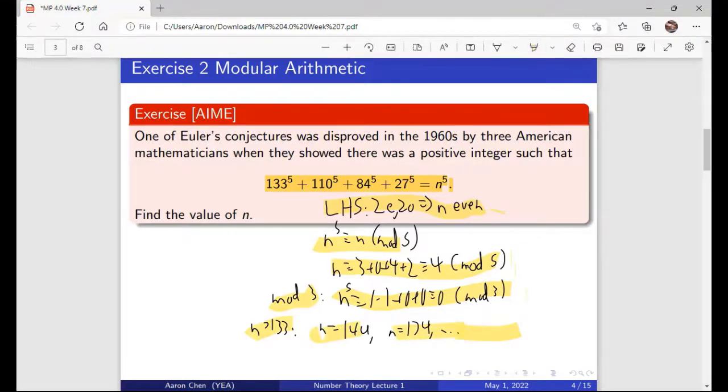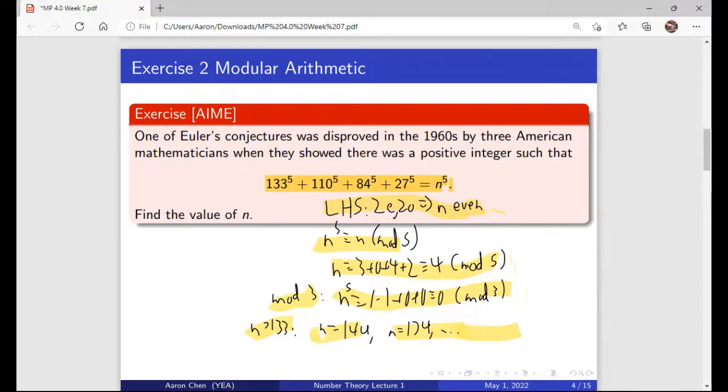So now after this, to determine the exact value for n, first of all, you can notice that the next possible value will be 204, and 204 to the 5th would definitely be way too big. And so after this, you're really just left with one of these two values.